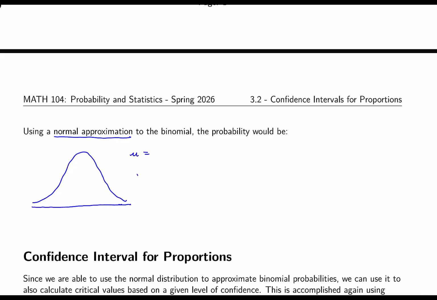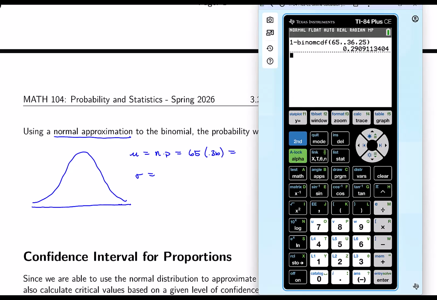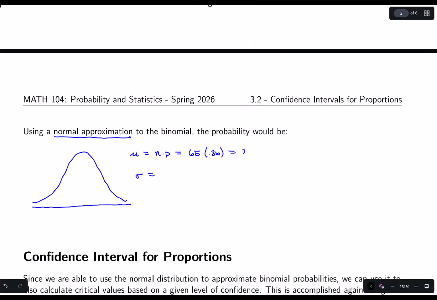Well, it just so happens that I have a way of calculating a mean and a standard deviation for a binomial distribution. The mean is n times p, which in this case, we have 65 trials, and the probability of success is 0.36. So n times p gives me a mean of 23.4.